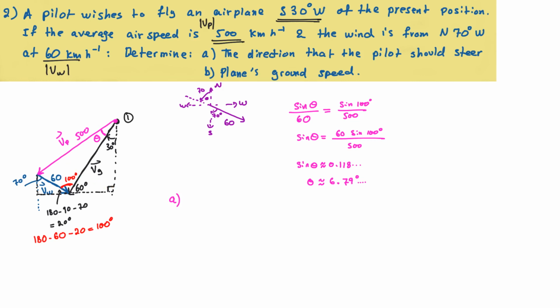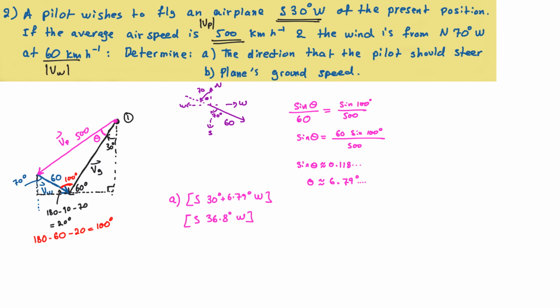So we can do this and say the direction needs to be in the direction south, and then 30 degrees plus 6.79 degrees towards the west direction. Adding everything up, we will get south 36.79, and in three significant figures, that would be 36.8 degrees towards west.